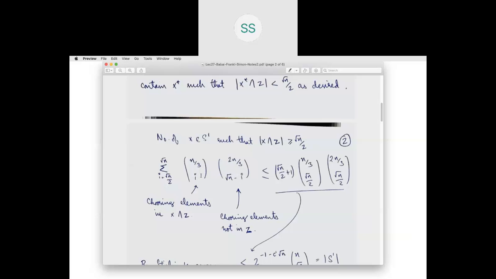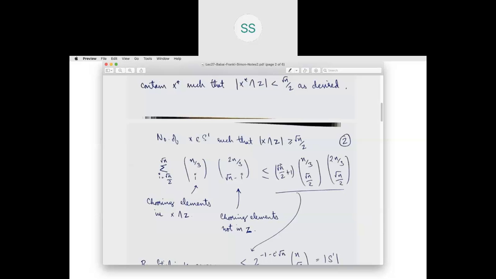So when I increases, this whole thing becomes smaller and smaller. So the product of these two things is maximized when I is the smallest, and I is the smallest means I is square root n by 2. So if you ignore the sum for a moment, the product is maximized when I is square root n by 2, and that's what we have here. And the summation runs through square root n by 2 plus 1 terms. So I'm just replacing it with the maximum times square root n by 2 plus 1.